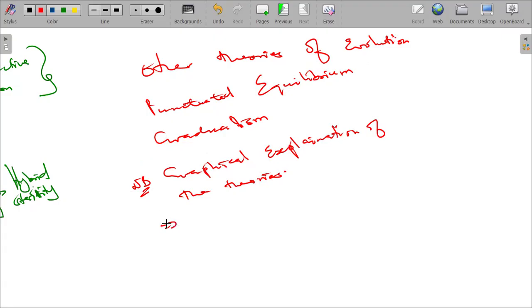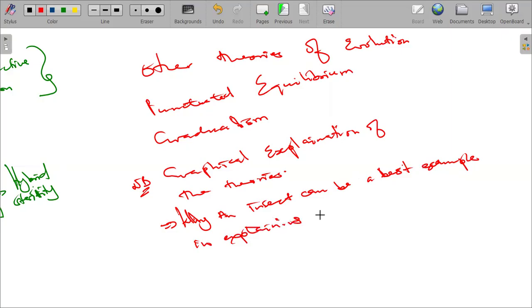In that case, you need to note very well that, for example, we need to understand why an insect can be a best example in explaining these theories, e.g., a mosquito.